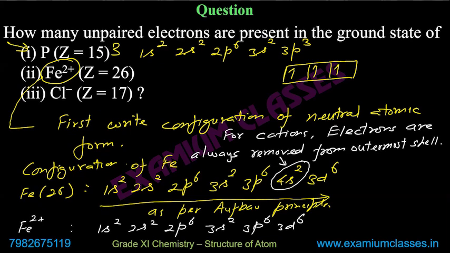And these type of questions normally will be there. Ionic form configuration, because your teachers know few students will make mistakes here. The rule is very simple. For cations, electrons are always removed from the outermost shell. Reverse of the above principle does not exist.